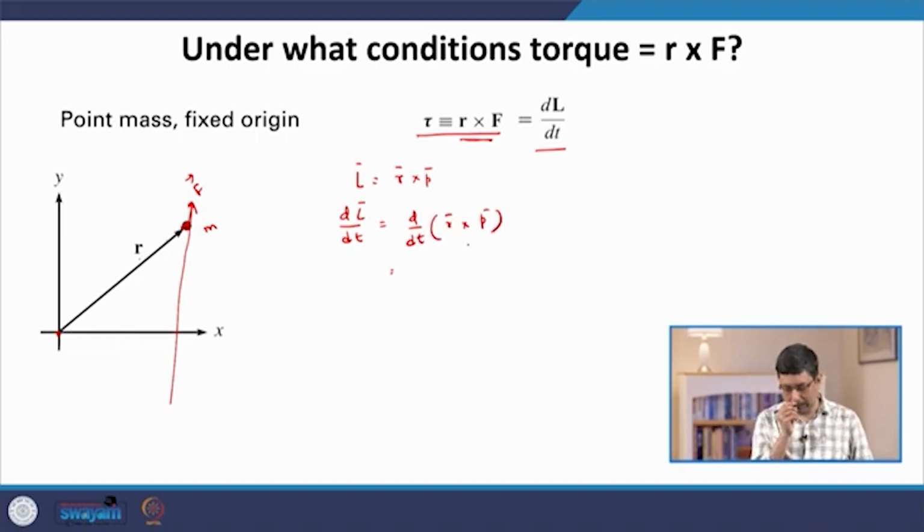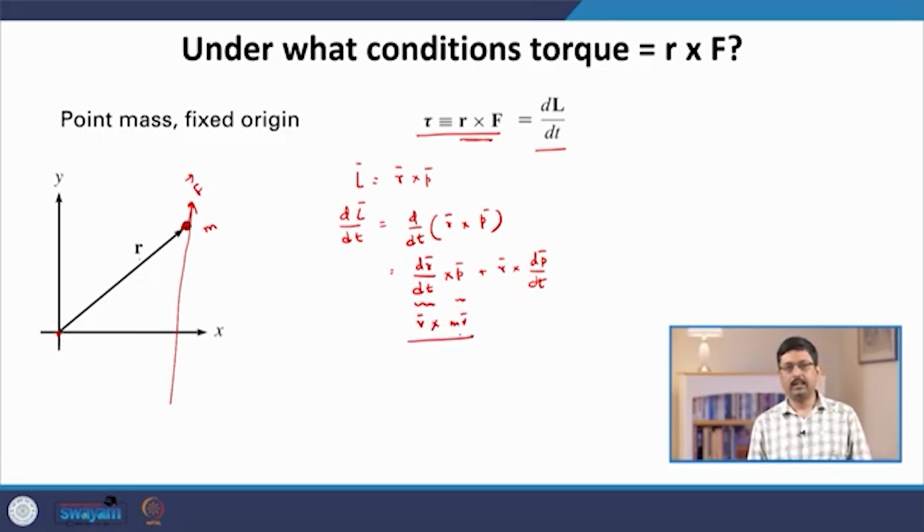Then it has two terms, so I can apply the chain rule of taking derivatives. Now this is v and this is m v. So, the first term is basically a cross product of velocity with respect to itself, apart from the mass.